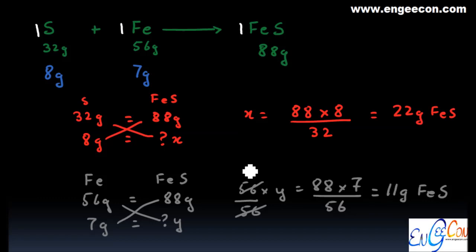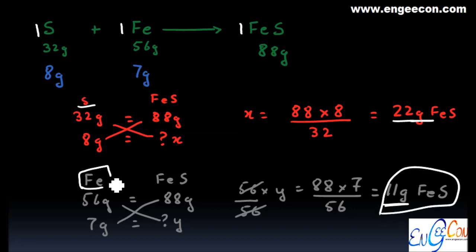So here you can see that the sulfur produced 22 gram and iron produced 11 gram. So iron produced the least quantity of product. So iron is the limiting reactant.